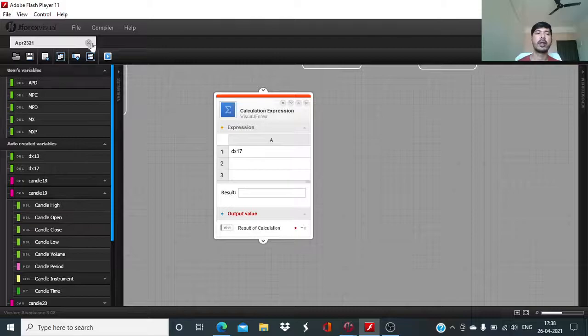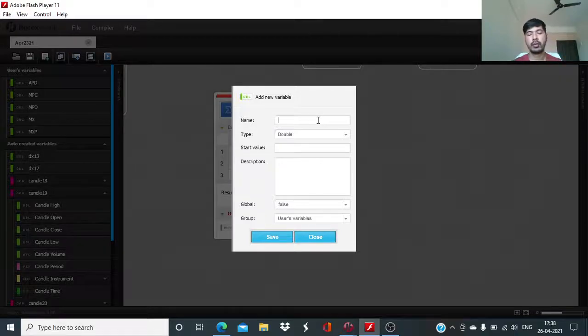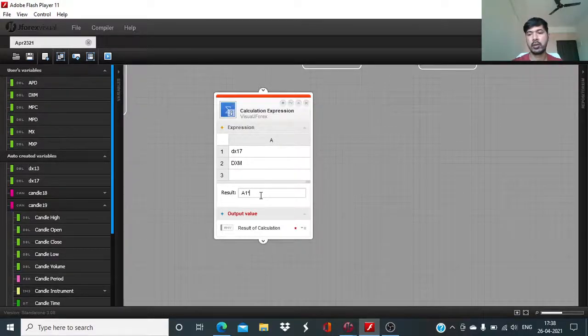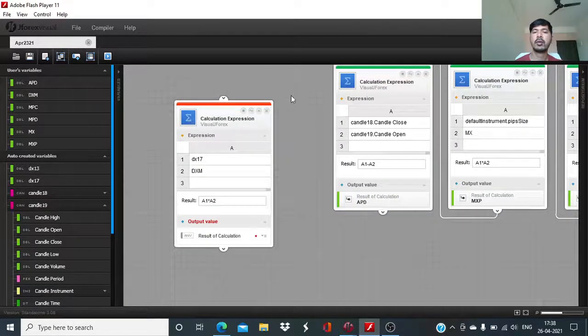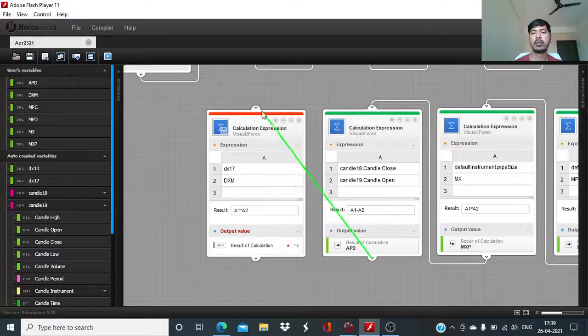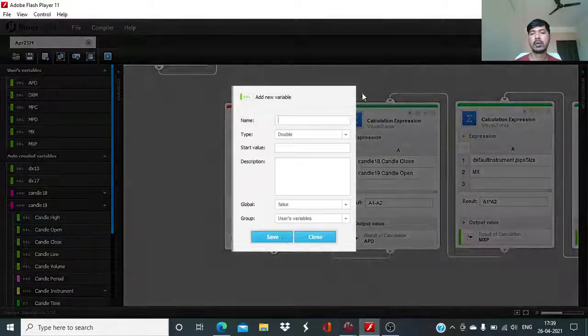So I will have to create a new variable with the value 2, DX multiplier, is going to be A1 into A2, modified DX.